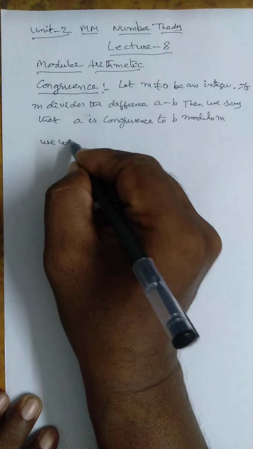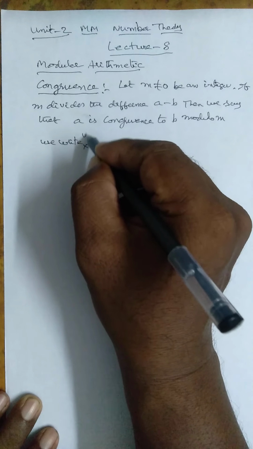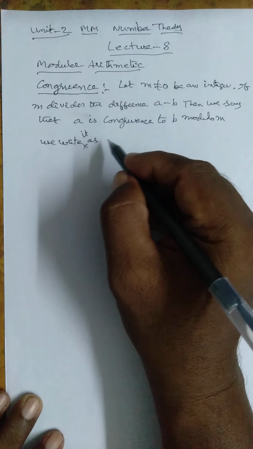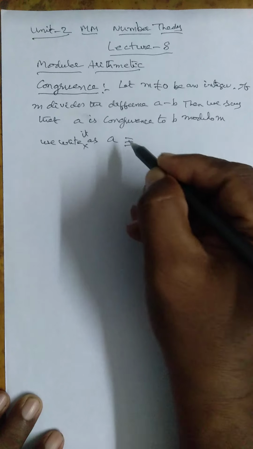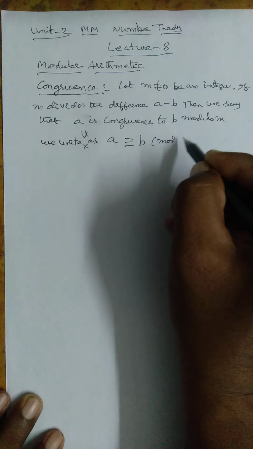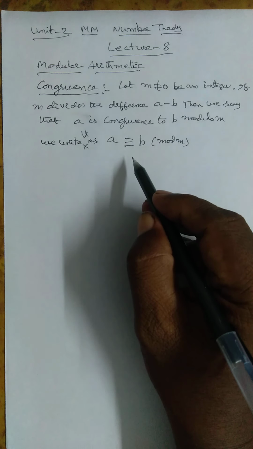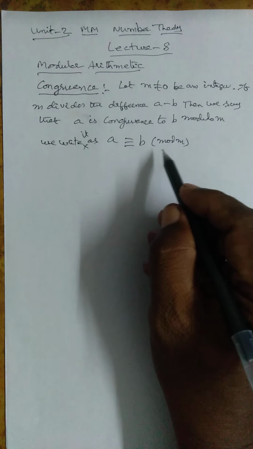We write it as a congruent b modulo m, a triple dash b mod m.